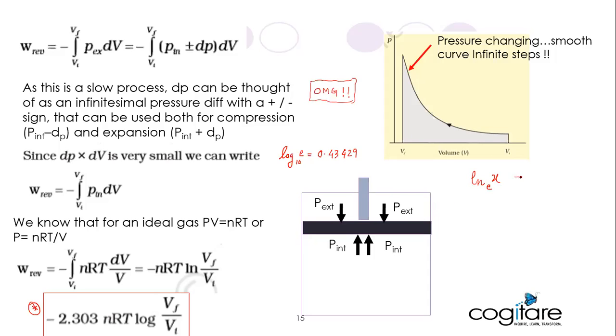How can you convert this into log to the base 10? That's what we are doing now. Here we had nRT times the natural logarithm of some number. Now I am saying it becomes log to the base 10. How can this process be achieved?